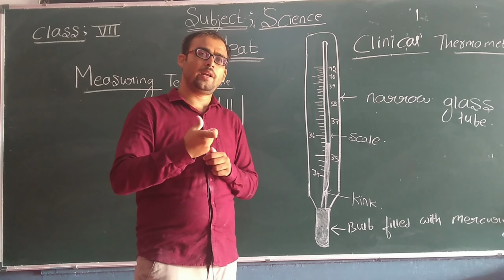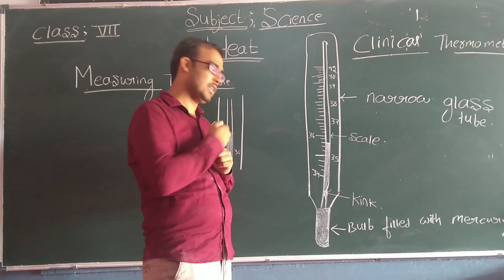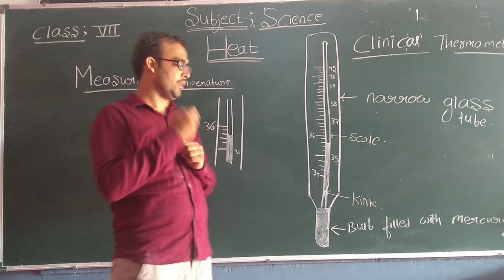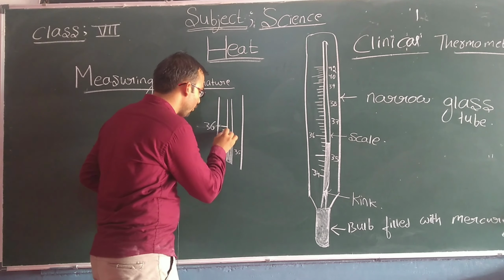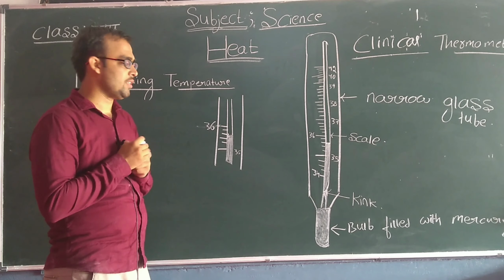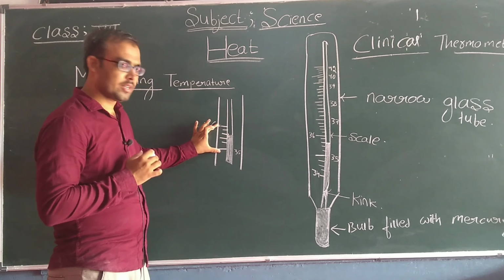But how exactly do we know the temperature of our body? Suppose there are 5 divisions: 1, 2, 3, 4, 5.